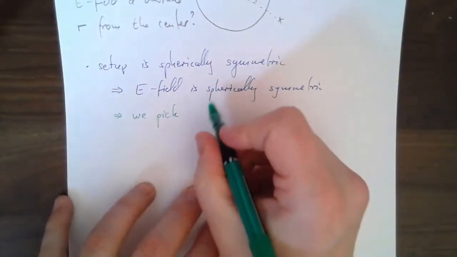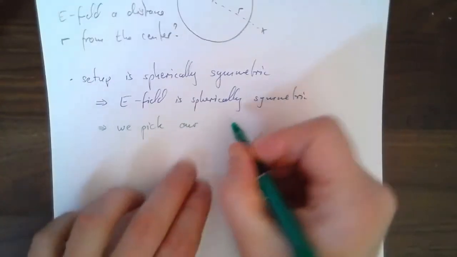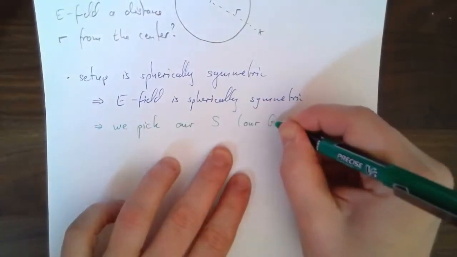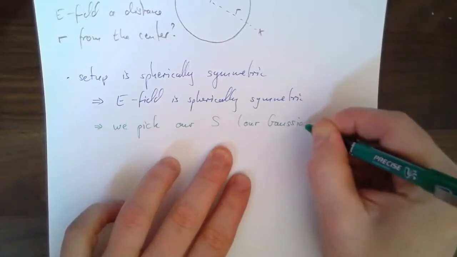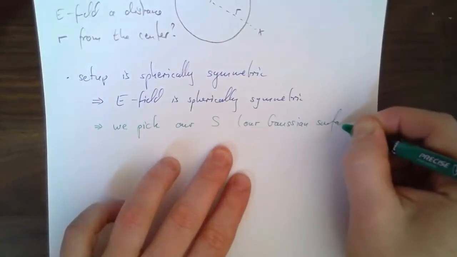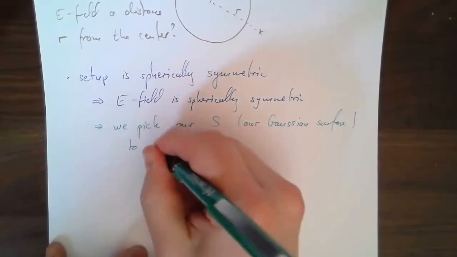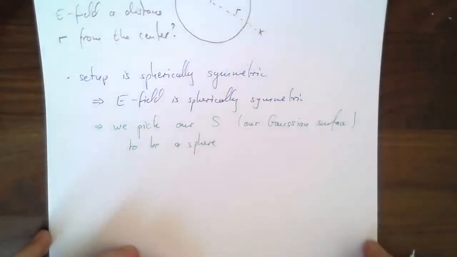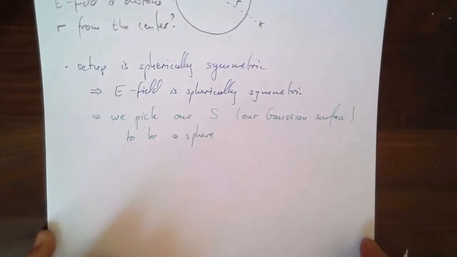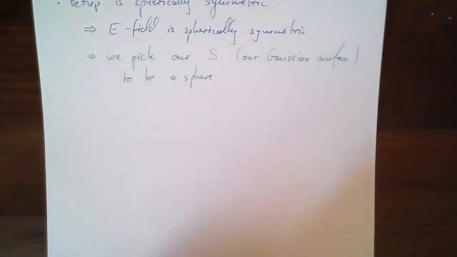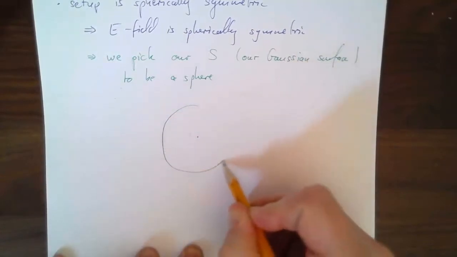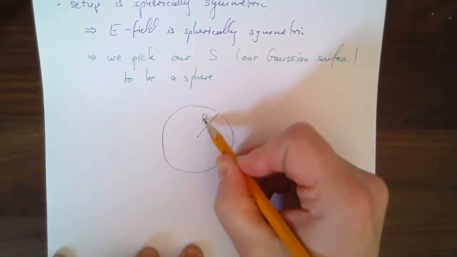The electric field is spherically symmetric, so we pick our S, our Gaussian surface, to be a sphere. So let me draw this again. Here's my center. Here's my sphere of radius r.